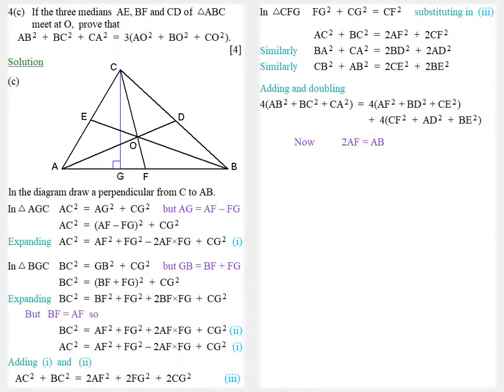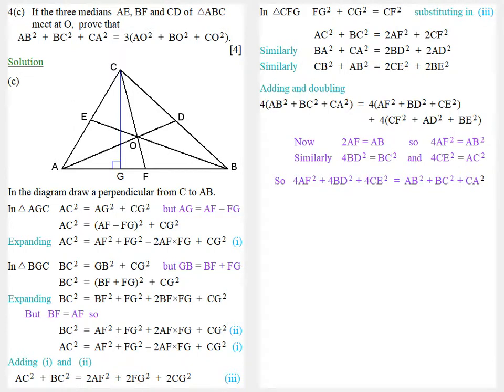But because F is the midpoint of AB, we have 2AF equal to AB. Squaring both sides, we get 4AF squared equals AB squared. Similarly, 4BD squared equals BC squared, and 4CE squared equals AC squared.